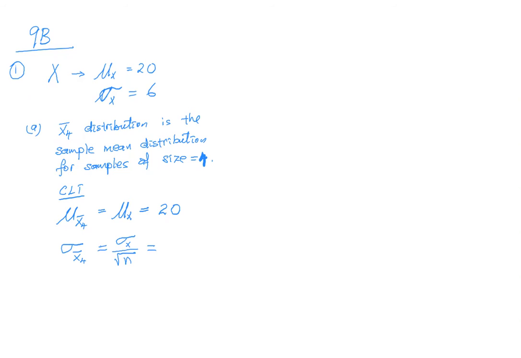Silvana, can you tell me what to substitute here? 6 over square root of 4. So this is 3. You see how I use it? Okay. Same goes with part B.